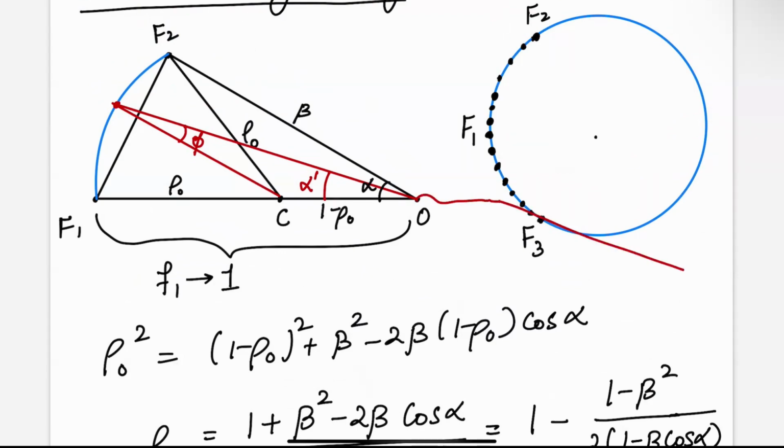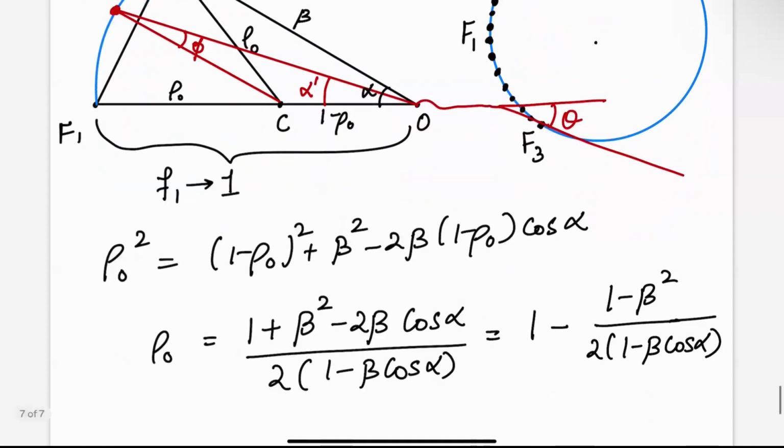So for this element out here, if I have some exit angle, let's say theta, I want to know what should be the location of this element for a given exit angle theta.